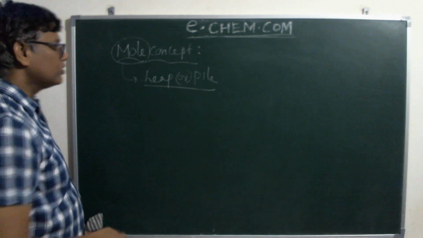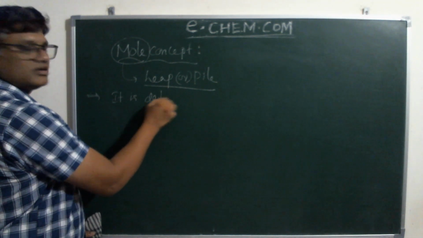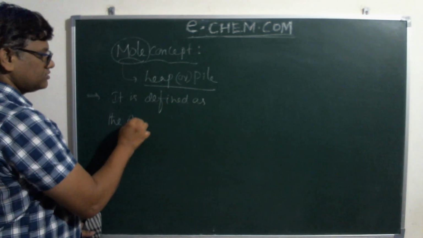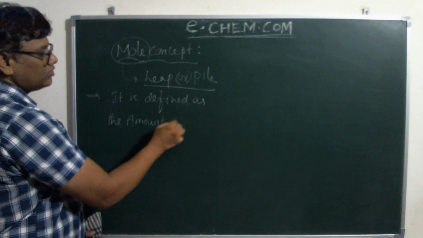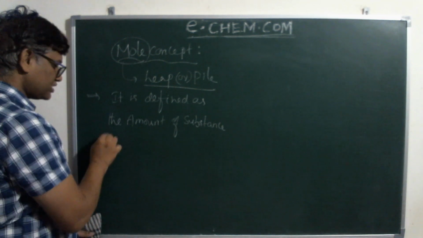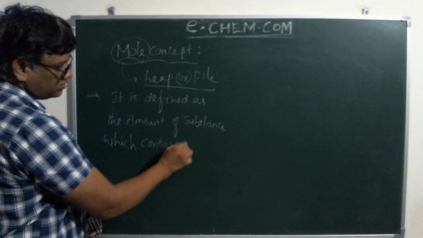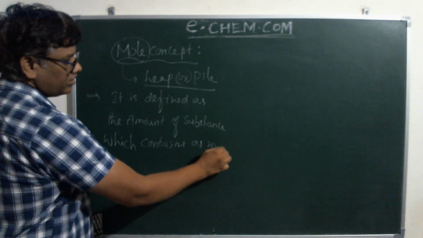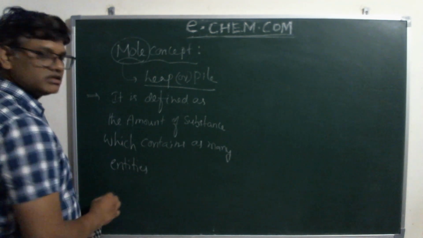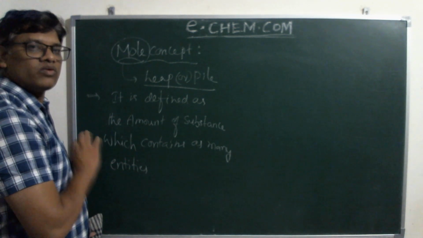The definition for mole, it is defined as the amount of substance which contains as many entities, in the sense atoms, molecules, electrons, protons, ions, whatever may be.